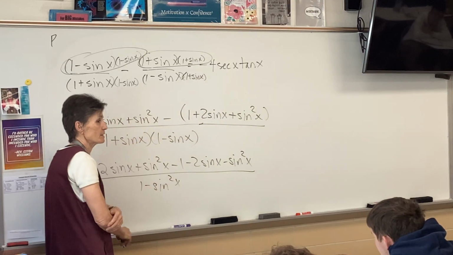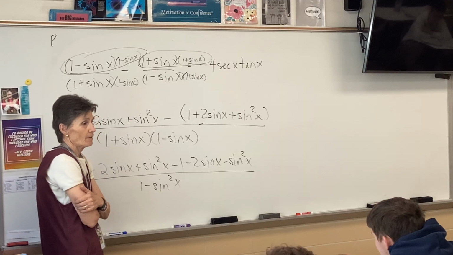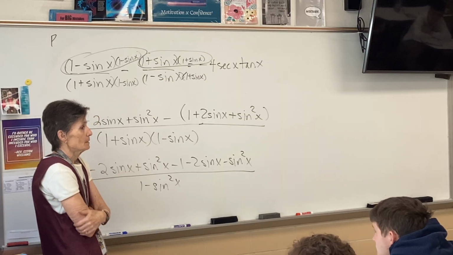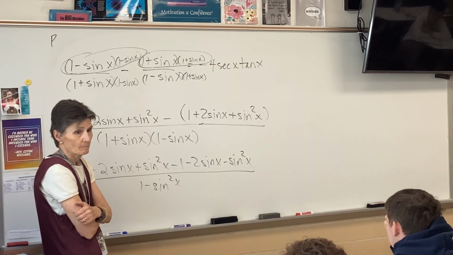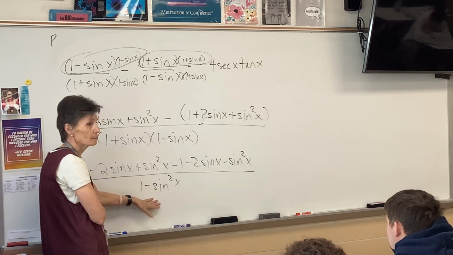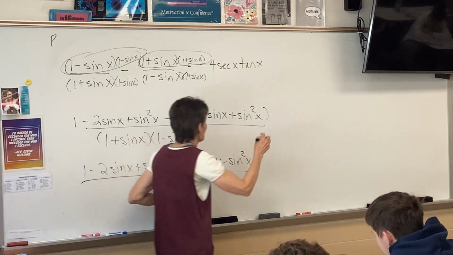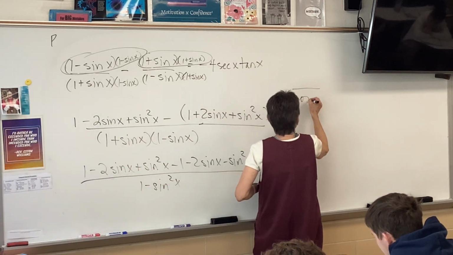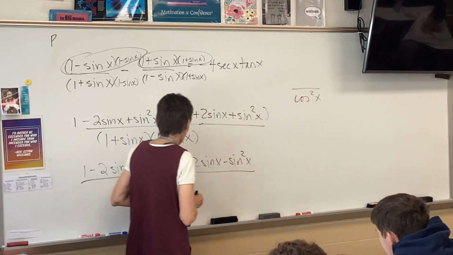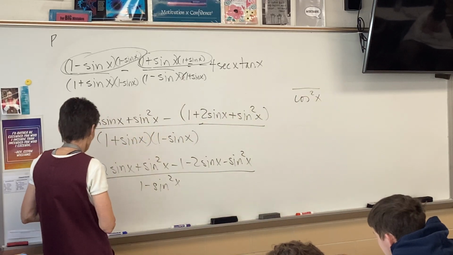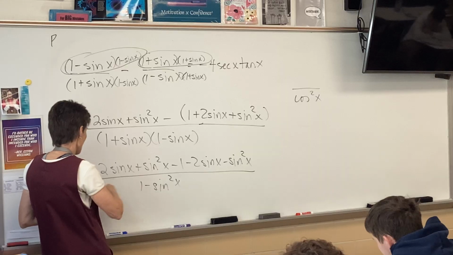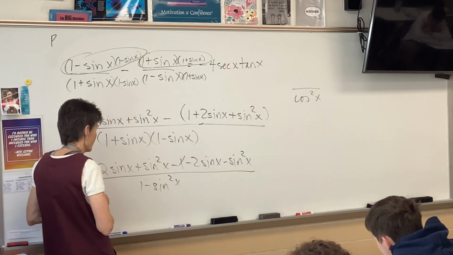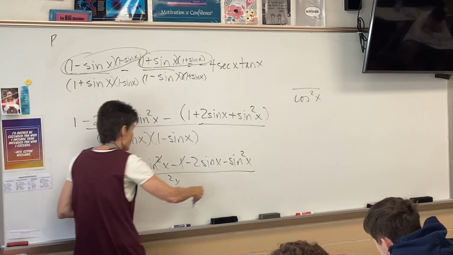All right, tell me what you notice. I've gone through and done my denominator. What's the bottom? Cosine squared. Cosine squared on the bottom. What happens on the top? The ones are gone. Sine squareds are gone.